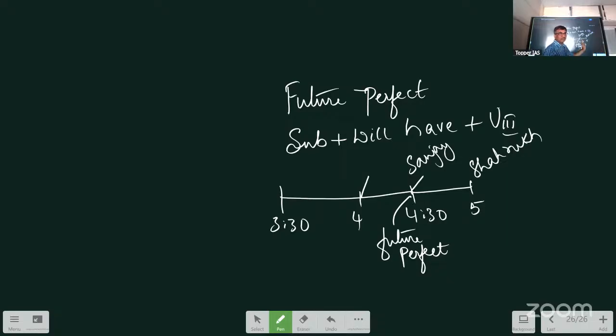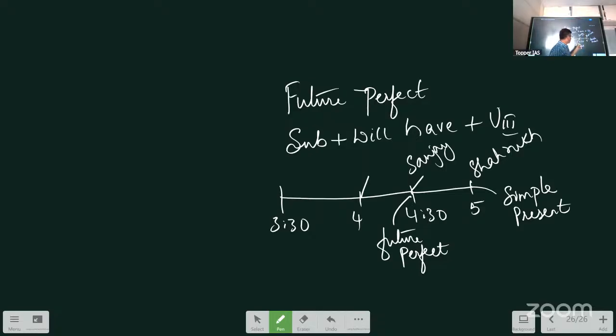Clear? And this will be in simple present. So I cannot say Sanjay will have reached home by the time Shahrukh will reach home. That is wrong, because there is another golden rule. In the same sentence, you cannot have two wills.